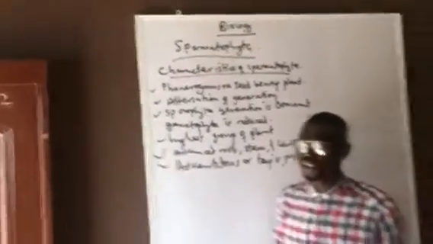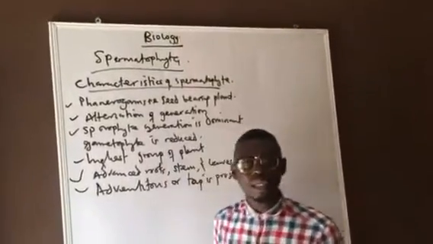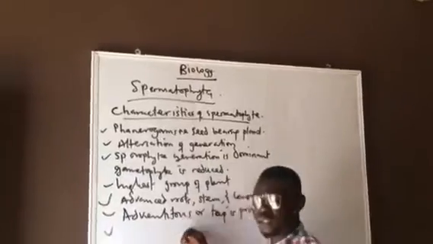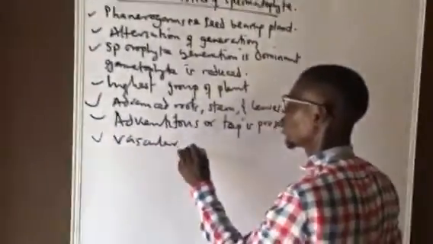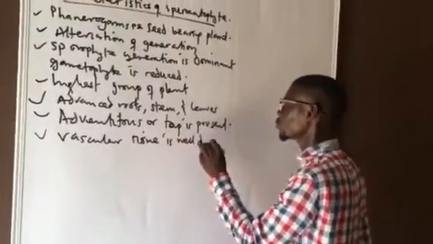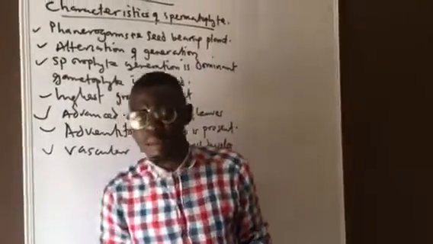When we also talk about this group, their body consists of vascular tissue. Vascular tissue is well developed in this group, and it is present in the root, stem, and leaves.